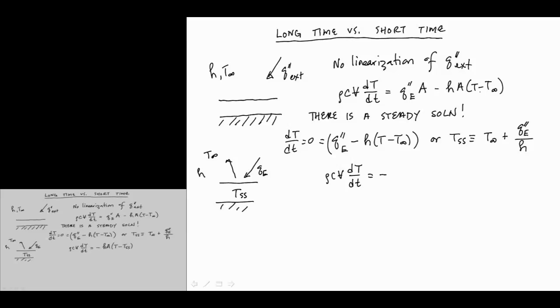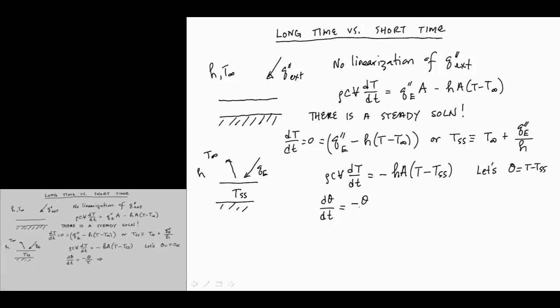All right, now let's call theta T minus T steady state. And so we have d theta dt is equal to, and we're going to use our characteristic time definition again, minus theta over tau, where tau is our characteristic time.